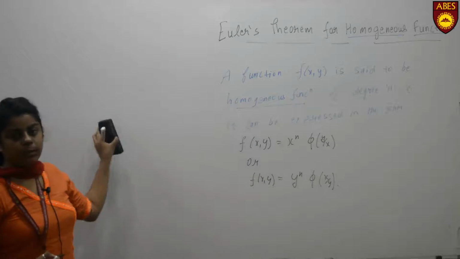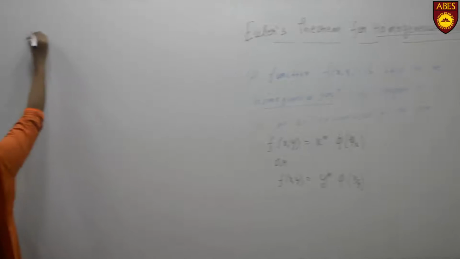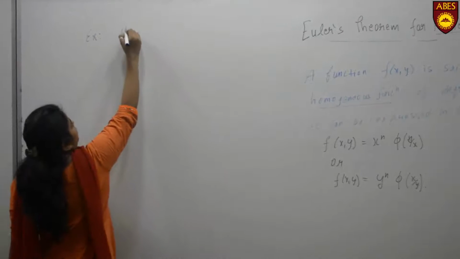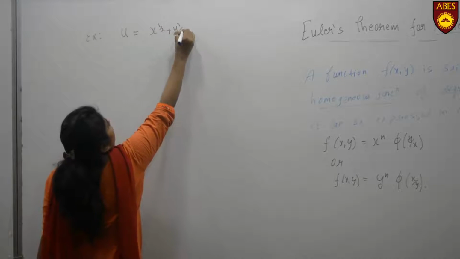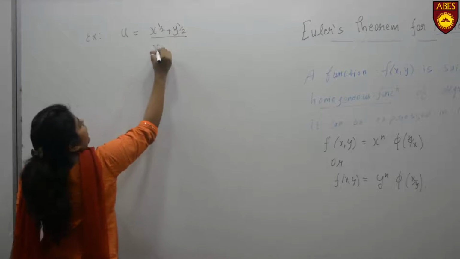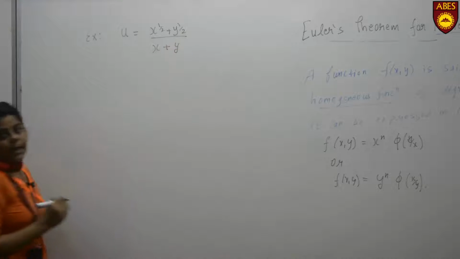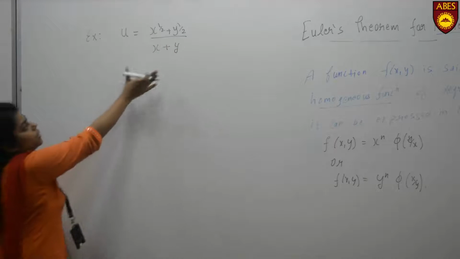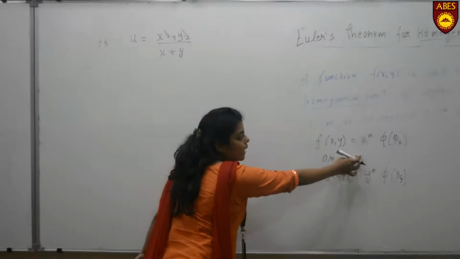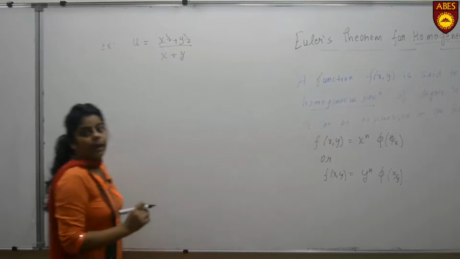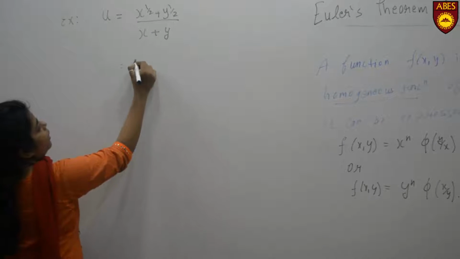Let us discuss this with the help of an example. u equals x to the power half y to the power half upon x plus y. Our aim is to express u in the form of x to the power n phi of y by x or y to the power n phi of x by y.